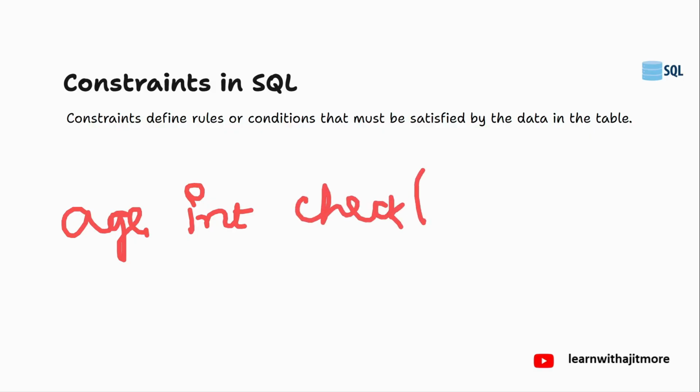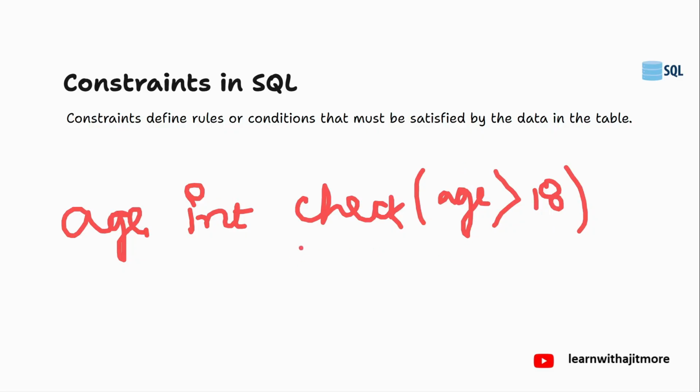Check, and then inside you'll write age >= 18. But remember, when you're applying the condition, it is not necessary that only the same column on which the constraint is applied is involved. In this condition, you can take another column also. Some other column value also can be involved there. Understanding? Very basic, because these are asked in interviews.